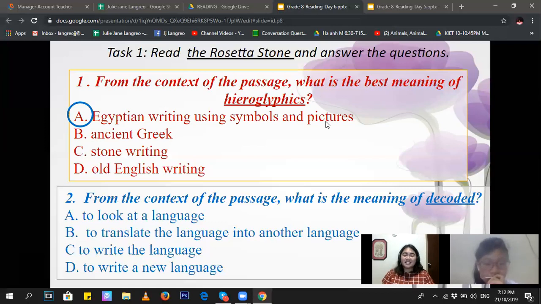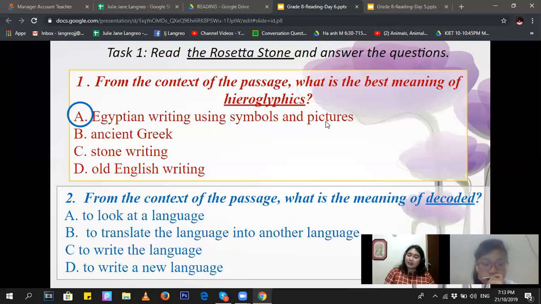Okay, so let's continue. Number two, please read. From the context of the passage, what is the meaning of decoded? So what do you think is the meaning of decoded?